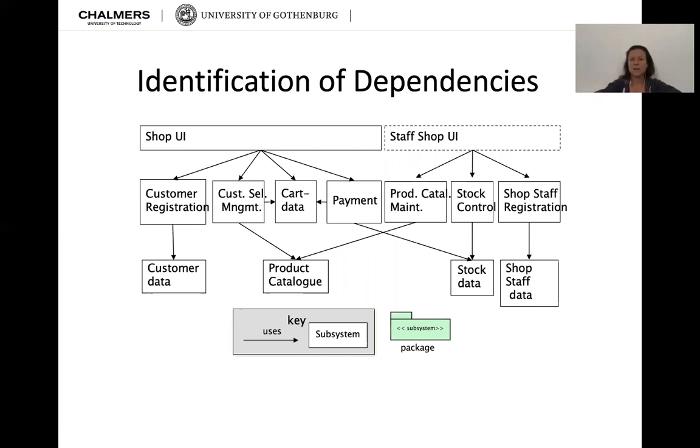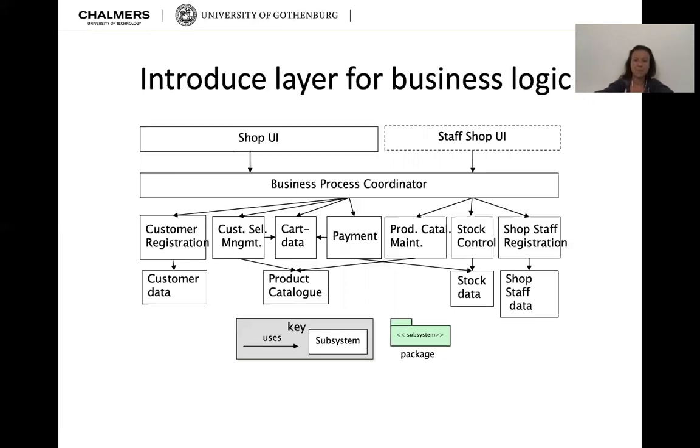All right, and then if we think a little further, we're going to realize, oh, we're also going to need a staff interface for this shop, because they see different views than what the user does. So we add those in. And then we can add the business logic layer and have a business process coordinator in there.